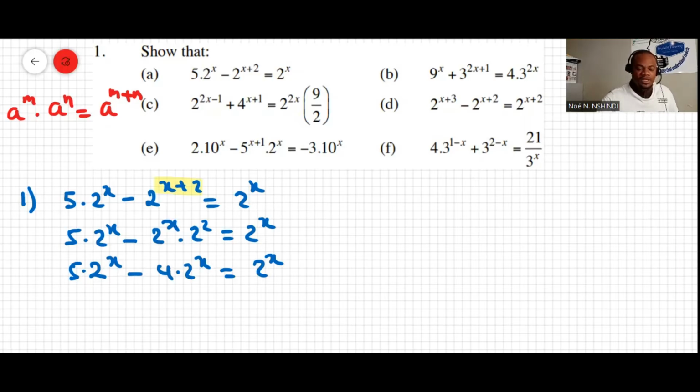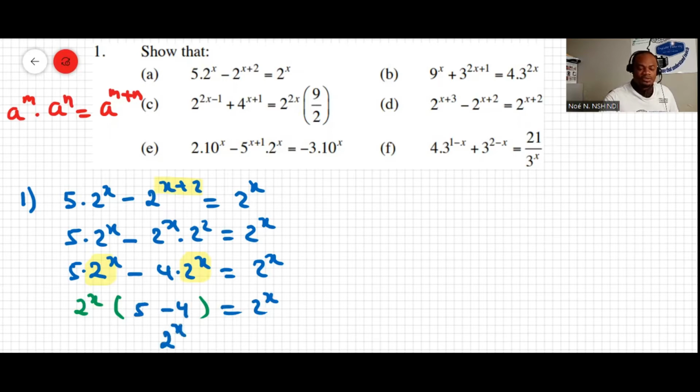Now note that this line here is expressed in terms of 2 to the x. 5 times 2 to the x minus 4 times 2 to the x. We can do 5 minus 4. This is just 1 times 2 to the x, or someone else can say, okay, we're going to take 2 to the x as a common factor, equal to 2 to the x, and then we'll be left with 5 minus 4, and 5 minus 4 is just 1.